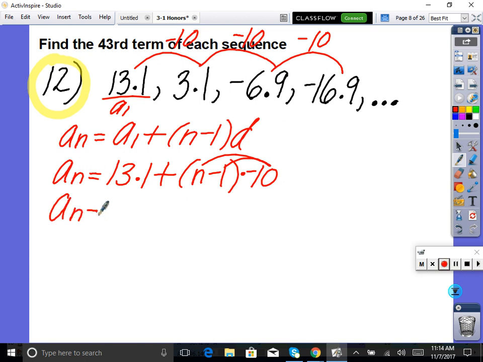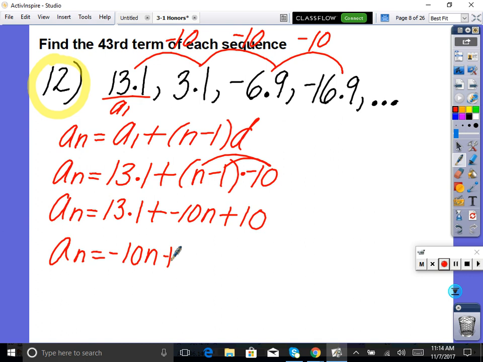So it's not bad to practice. A sub n is equal to 13.1 plus negative 10n plus 10. So our simplified explicit formula would be negative 10n plus 23.1. Does everybody see?